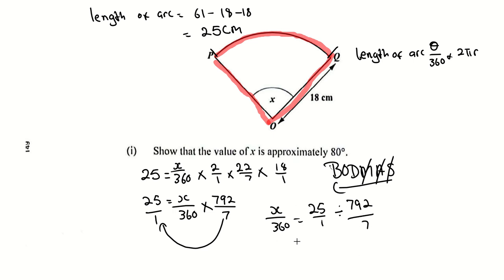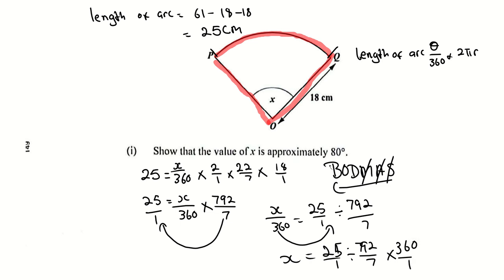Alright? And then, is there division? Yes. You carry this across. So x would be 25 over 1 divided by 792 over 7 multiplied by 360 over 1.